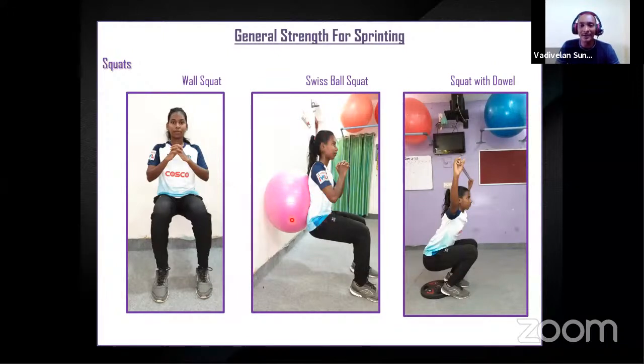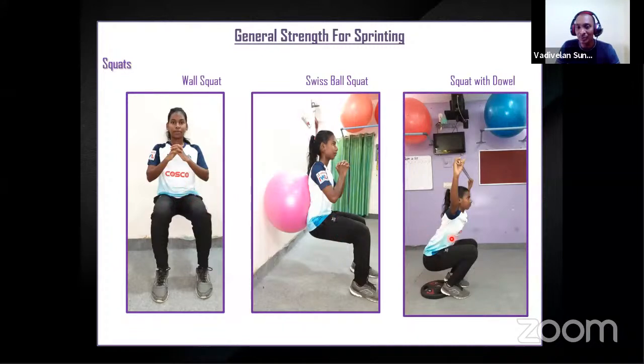This is also a little bit higher than this level. In the static squat, the glute action is almost none. There may be a minimal glute action, so only the quad works more in your static squat.